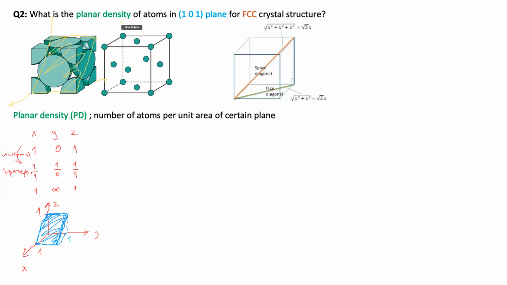Let's try to plot it here too. So y, x, and z, the plane will be something like this. We change the color. So our plane will be this one.